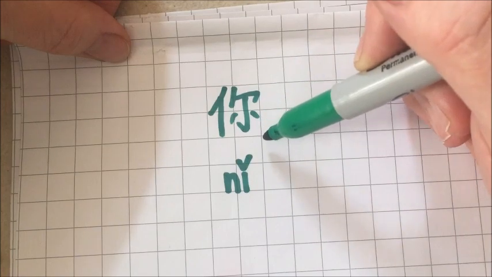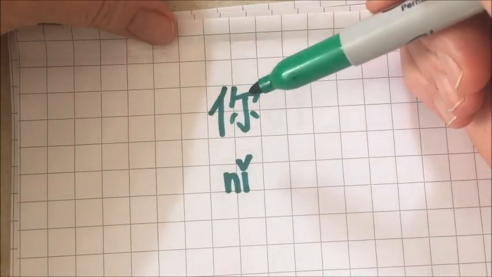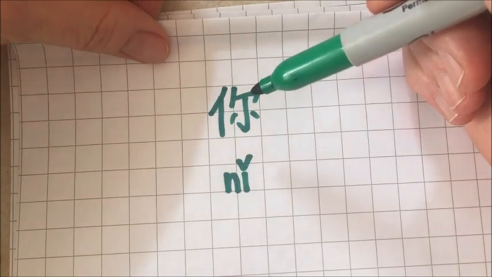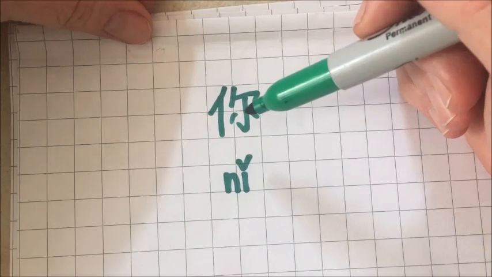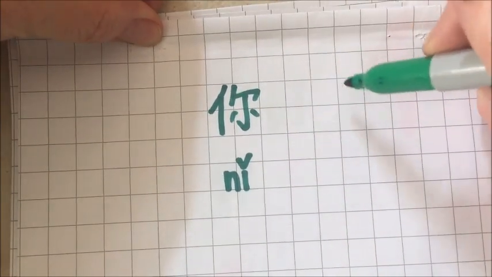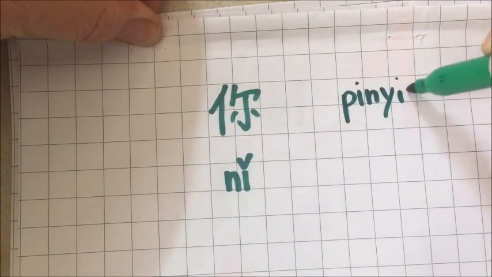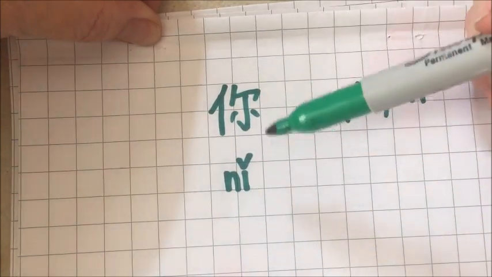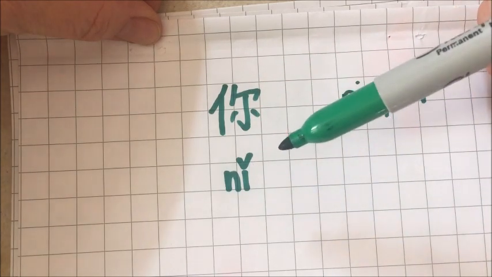But for us to understand it and to interpret it and to pronounce it correctly, they have invented this alphabet system, which is the pinyin. The pinyin is the method of transcribing the Chinese characters in our own alphabet.